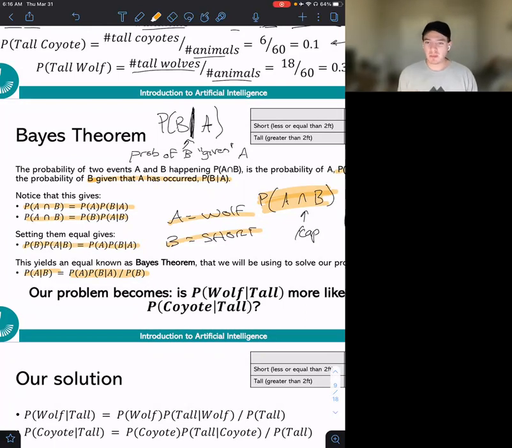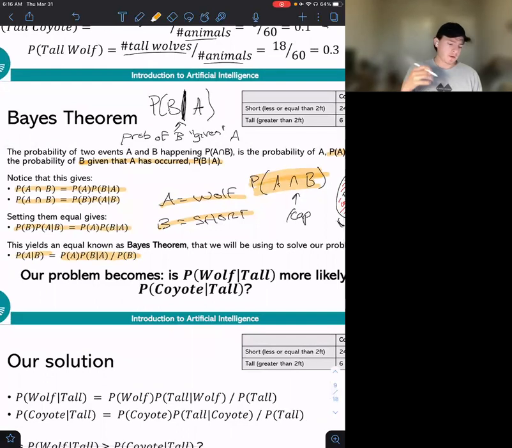And so this may just seem like you're manipulating the variables or just moving them around, but how does this actually apply? So in our case, we're looking at two classes, A and B, where A is the wolf, B is short. So if we just substitute what A and B are with wolf and short, we can see that we're looking at now, what is the probability of a wolf given something that's short, for example.